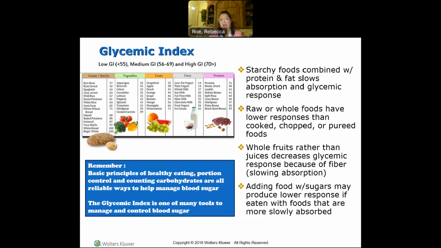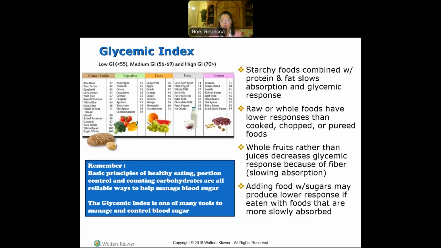What this thing can help people do that are not used to looking at foods in a way where it talks about sugar and carbs and all of these things, what it seems to do from my perspective, and this is just me, is that it helps them make better choices.